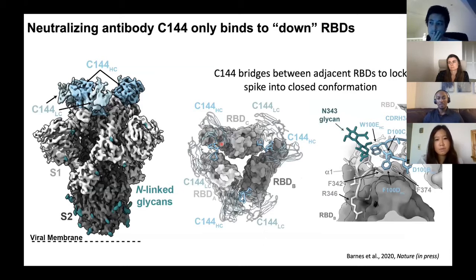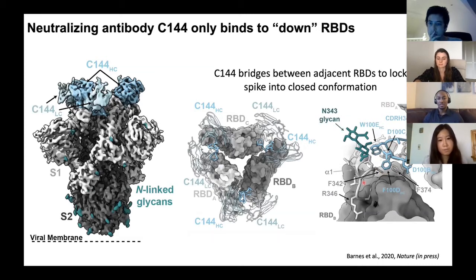So when you think about targeting of an epitope, you generally think that it's an epitope on a single protomer. But in this case, C144 makes a quaternary epitope in which the CDRH3 actually reaches across and buries these two hydrophobic residues at the tip of its loop into a hydrophobic patch on the adjacent RBD.